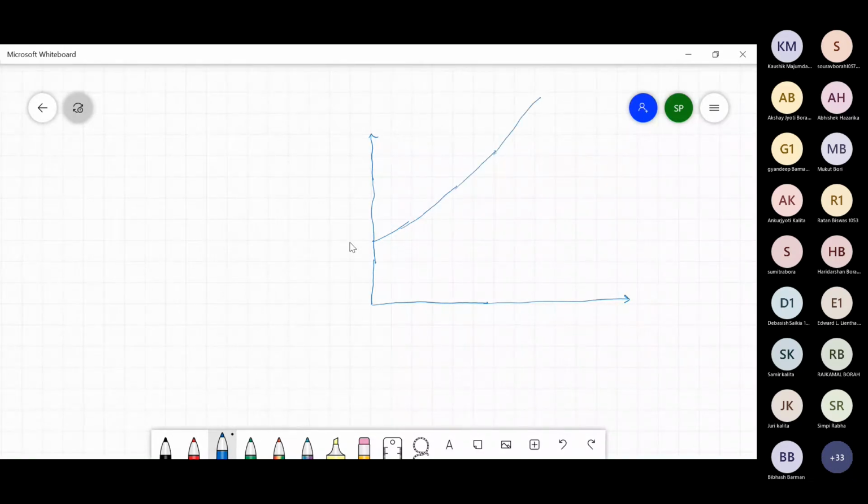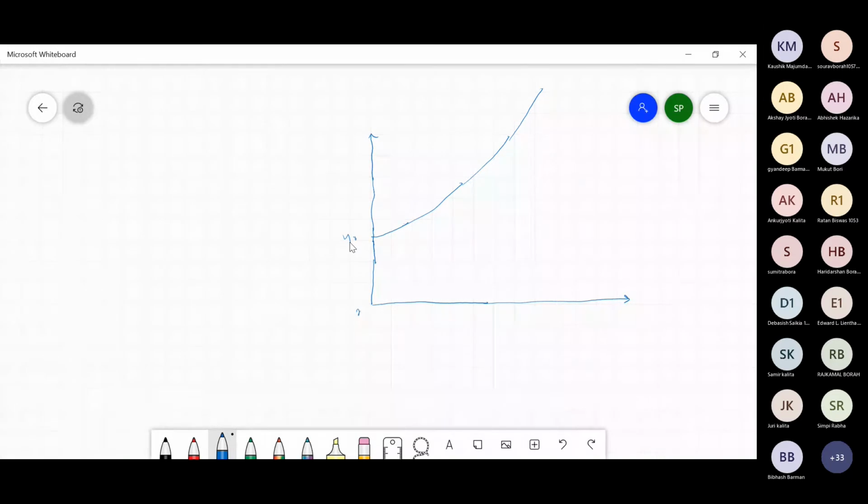So this is the curve. Okay, so we know this value y naught.